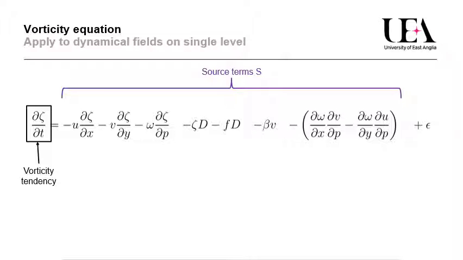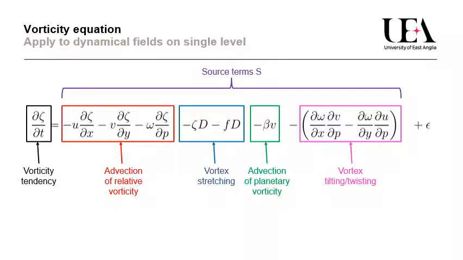Looking at those source terms individually, the first three in red are advection of relative vorticity, horizontal and vertical. The next two terms in blue are from vortex stretching, and this is from the divergence acting on f, the Coriolis parameter, and also on zeta, the vorticity in the wave itself.